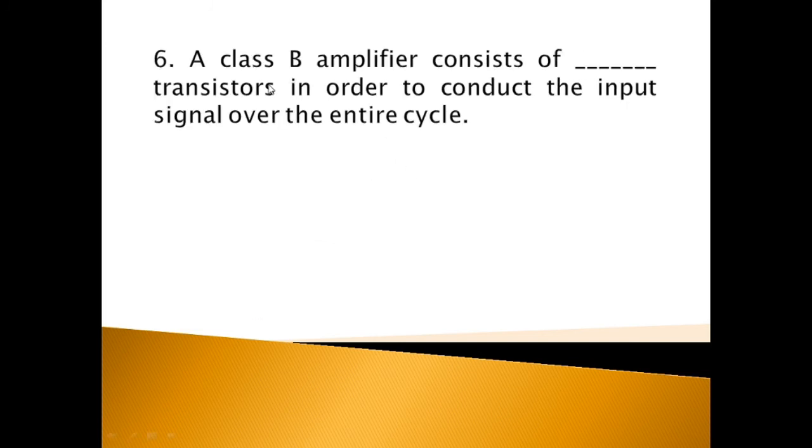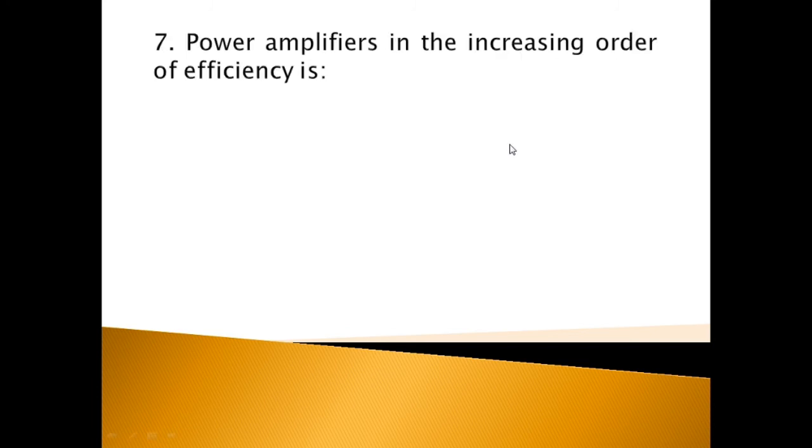Now the sixth question: a class B amplifier consists of DAS transistors in order to conduct the input signal over the entire cycle. And these are the options 1, 2, 4 and 6. Class B conducts only 180 degrees. For conducting the entire cycle, we need 2 transistors in the complementary push-pull configuration.